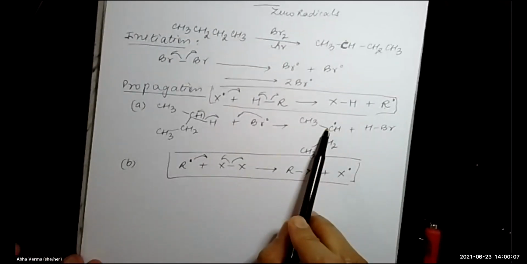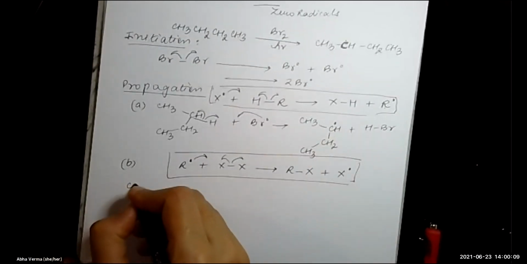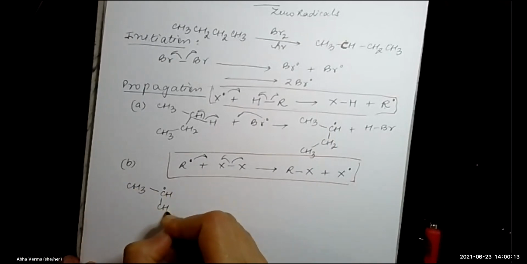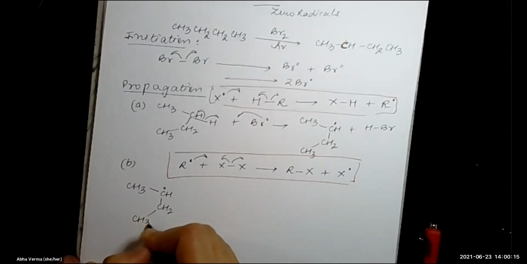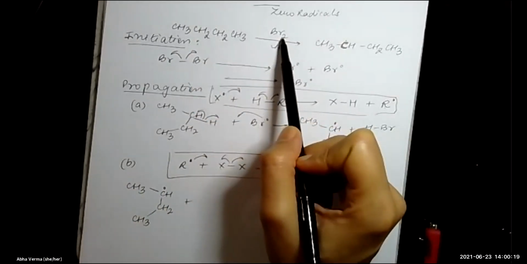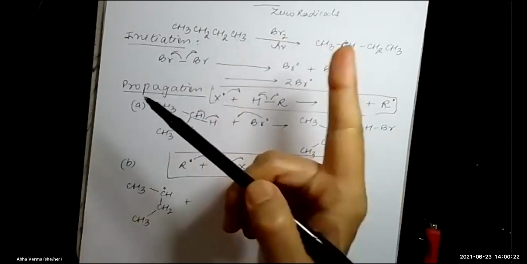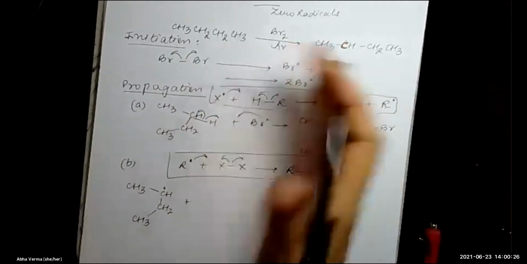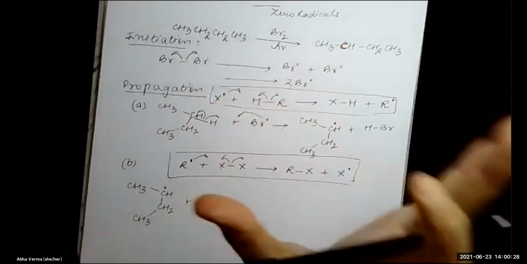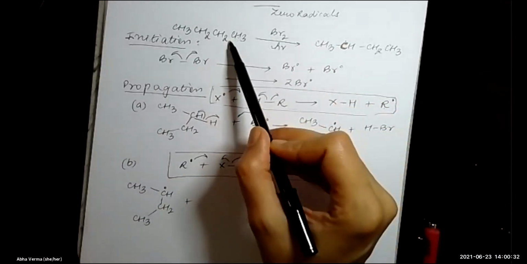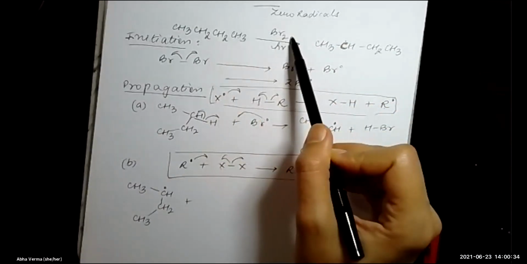So where is my R radical? It's right here. CH3, CH radical, CH2, CH3 plus. Now remember, when I show you this reaction, there is not just one molecule of butane or one molecule of bromine. There are millions and millions of molecules in that one flask where your alkane and your halogen will be.